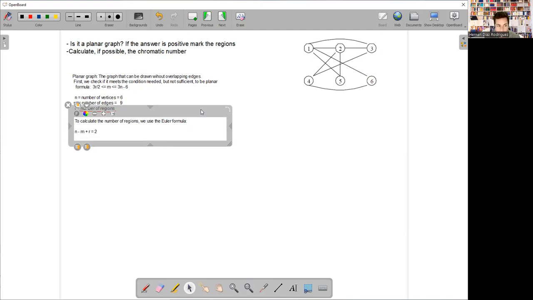So if we leave r alone to the left, we have that r is equals to 2 minus n plus m, which gives a value of 2 minus 6 plus 9, right? Which is equals to 5 regions.